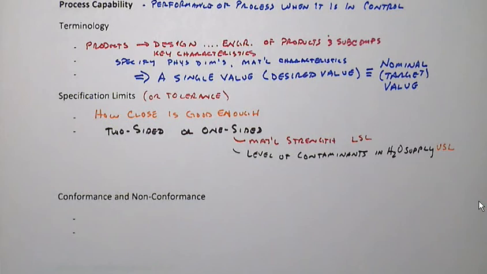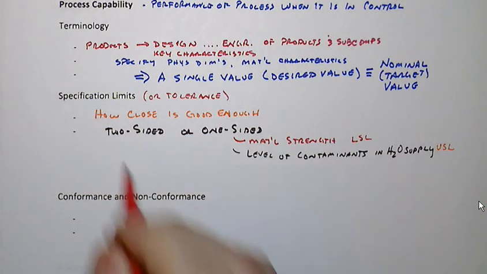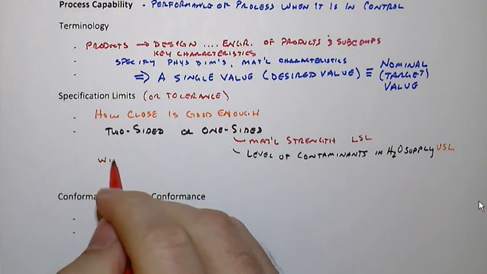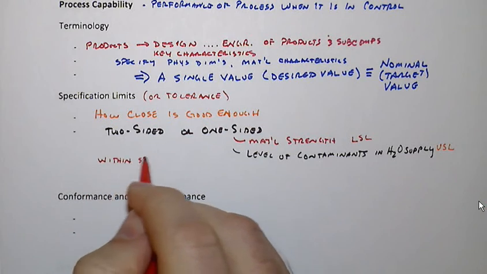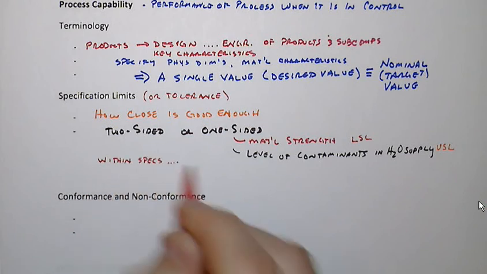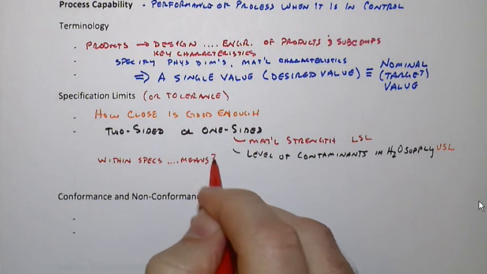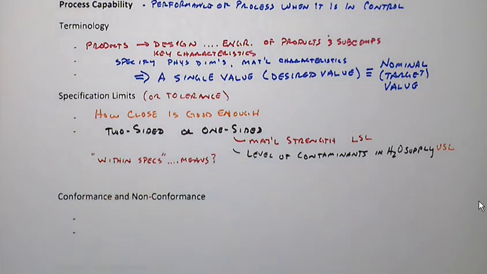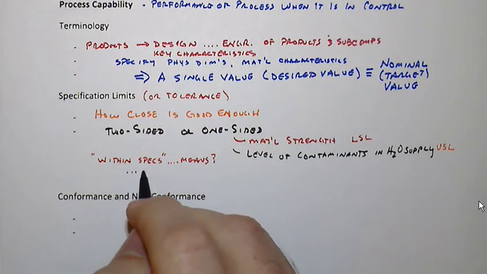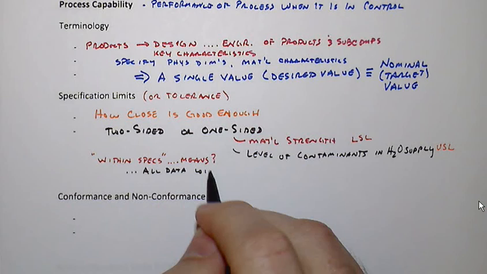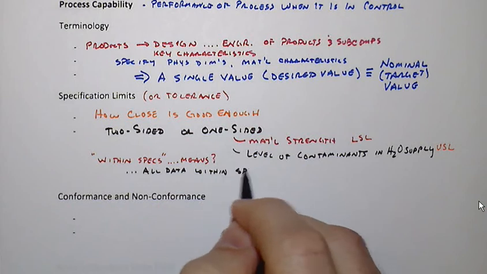Additional questions that come along with these specification limits are questions such as, you have a statement that says that, well, you're within the specs, but what does that mean? Does that mean that, for instance, all data is within the spec limits?